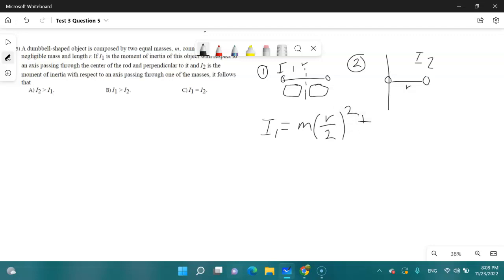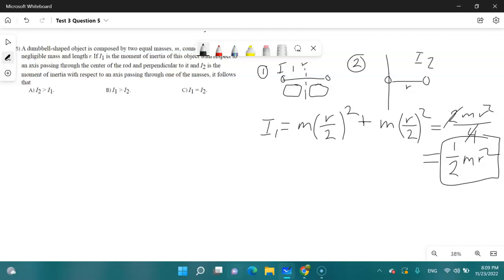And then we add the same thing again, since there are two masses on the dumbbell-shaped object. This gives us 2 times the mass times the radius squared over 4, and we can simplify, which leaves us with I1 being half of the mass times the radius squared. So this is the equation for the first situation of inertia.